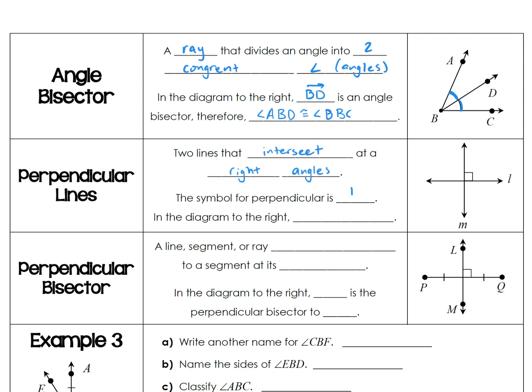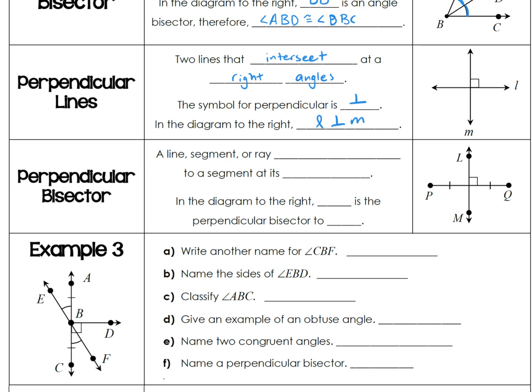Now, the symbol for perpendicular lines is the upside down T. And the way you would mathematically describe this picture over here is that line L is perpendicular to line M. And you can use the other line symbols for this as well, but this picture says L and M. So just remember the upside down T is perpendicular.